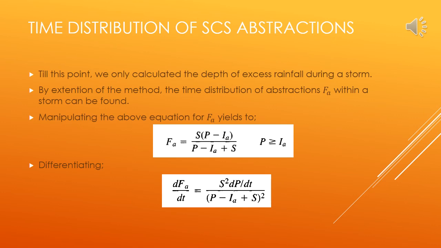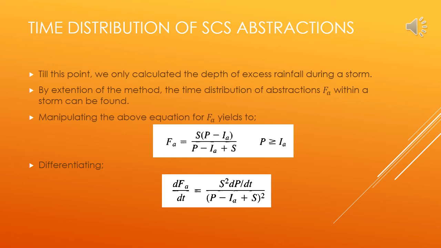The next chapter, we need to extend our knowledge: the time distribution of SCS abstractions. Up to this point, we only calculated the depth of excess rainfall during a storm, so we didn't have a time limit. By extension of the method, the time distribution of abstractions FA within a storm can be found.